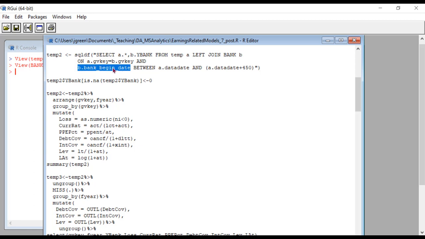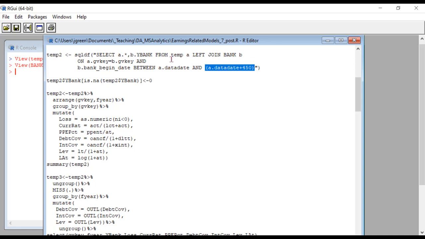The beginning of the bankruptcy time has to be between, now this is over to the temp data frame, the end of the fiscal year, that's datadate, and the fiscal year end plus 450 days. So it's saying sometime between the fiscal year end and 450 days after that.